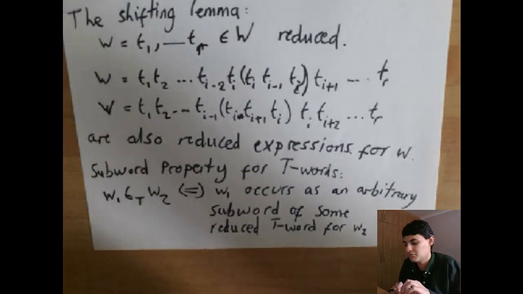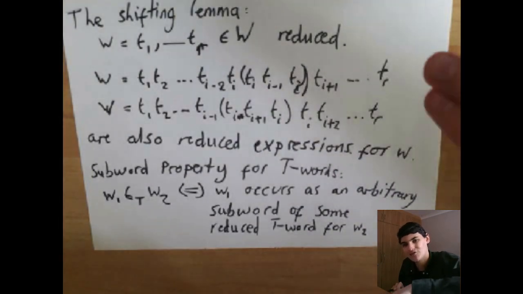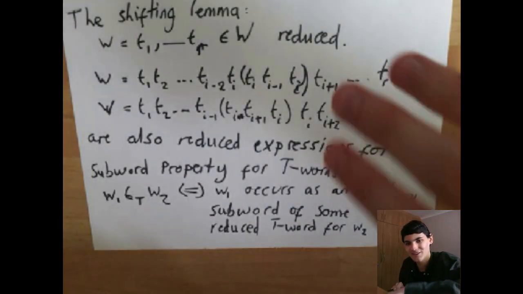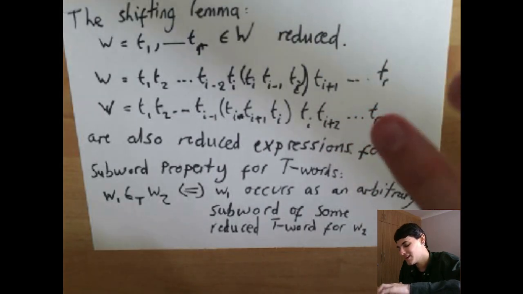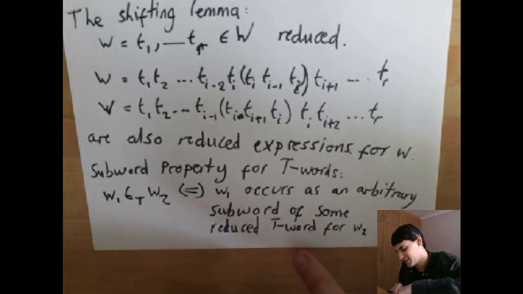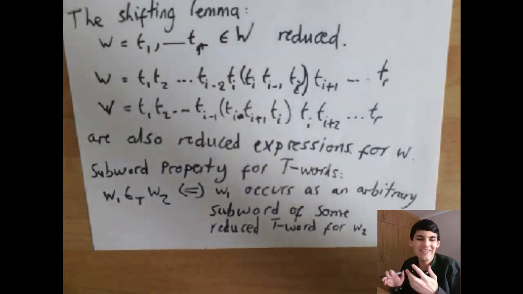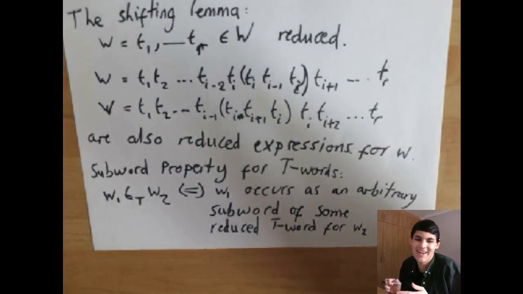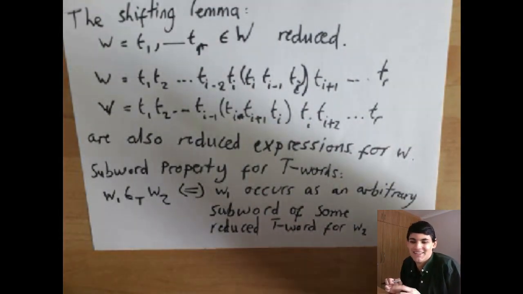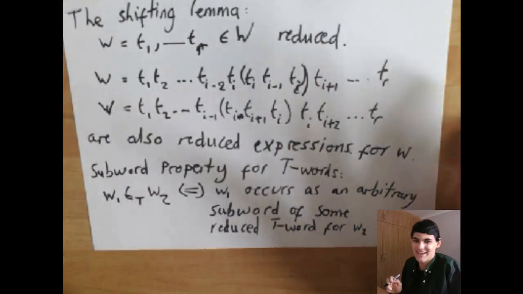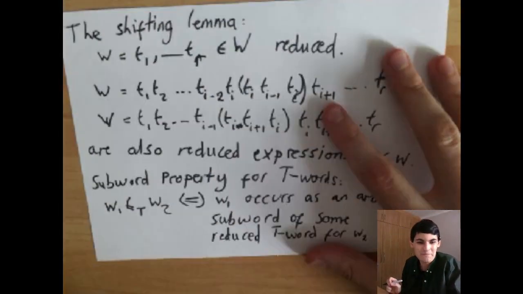But the beauty is that these are still reduced T words, so you can still use this subword property. I just think it's nice. I like it. It's a nice property.